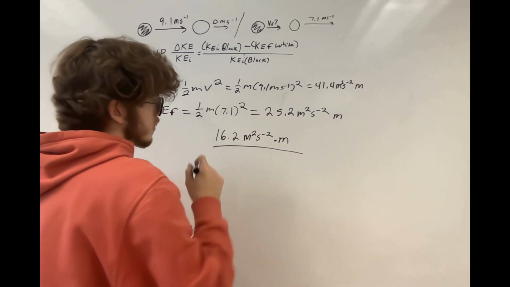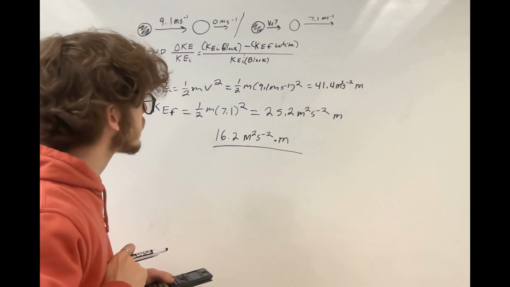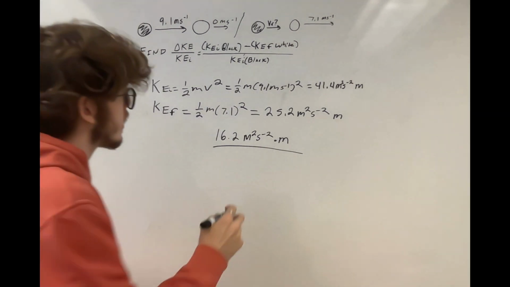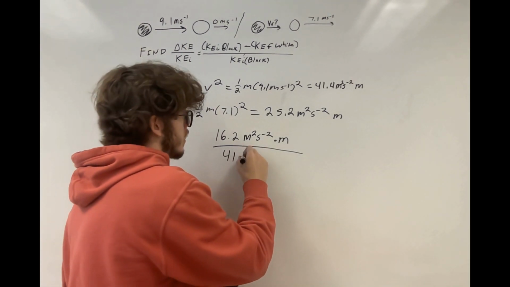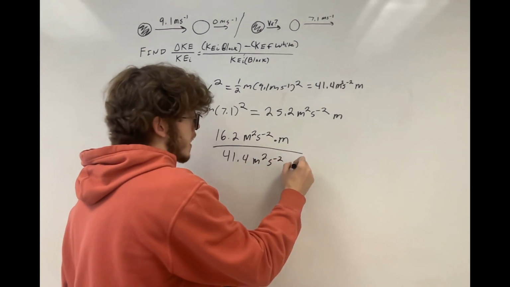So 16.2 meters squared per second squared times that mass of the object. So now we're going to divide by that initial kinetic energy of 41.4 meters squared per second squared times mass.